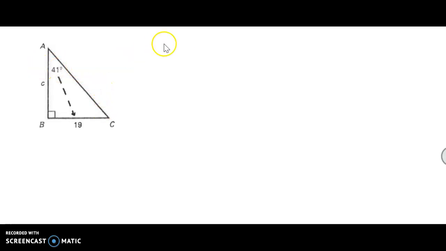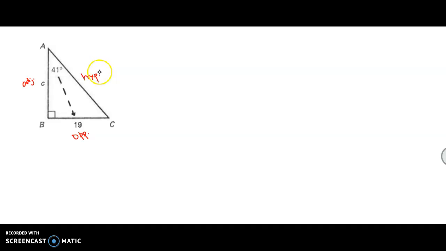And so from 41, right? Okay, well, from 41, where is the 19? It's opposite from it, right? We know this is the hypotenuse, but we don't know that length, and you're asked to solve for C. Well, where is C compared to where angle A or 41 degrees is? It's next to it, or it's adjacent, okay?